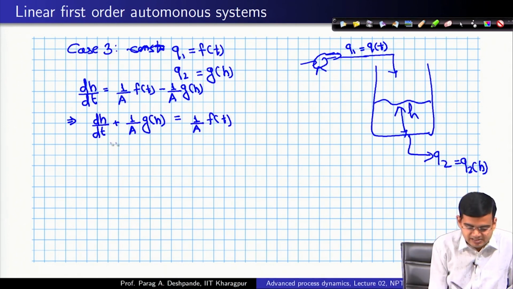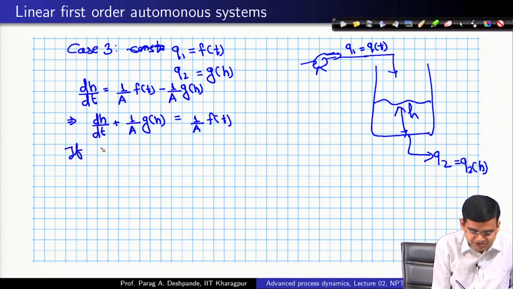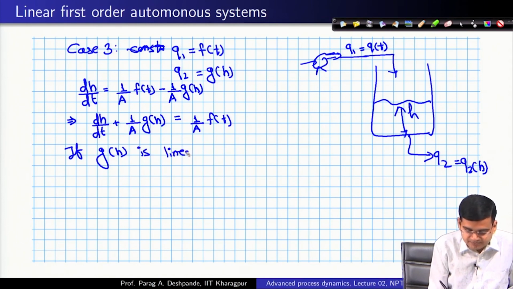And here you can see that if g(h) is linear, then the system is linear.